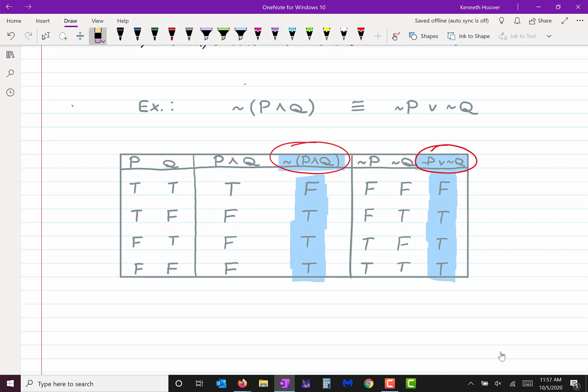Okay? And that's what we mean by logical equivalence, and that's how you show logical equivalence. I mean, there's other ways to show it too, but this is the most straightforward way, is with a truth table.